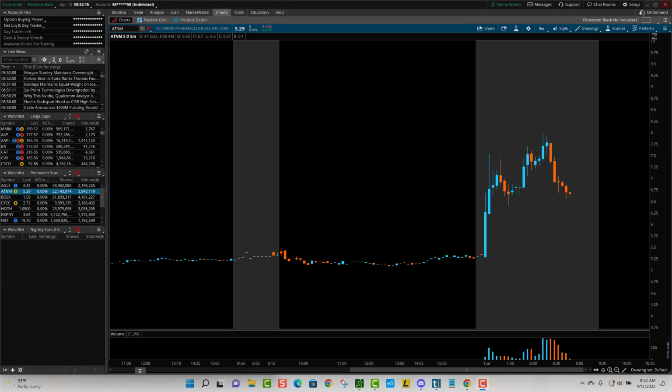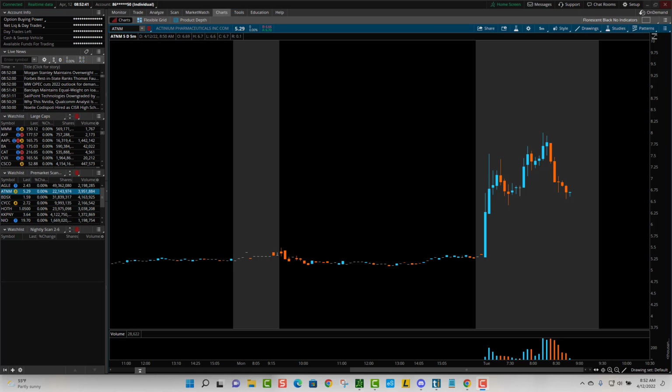Now I'm going to show you how to do this in a couple moments, but some things to be aware of: you don't need a ton of stocks to keep an eye on. A handful or less, 3 to 5 stocks to watch at open, and then you want to use your scanner at open to see what else is running, because many times what you're looking at during the pre-market may change at the open.